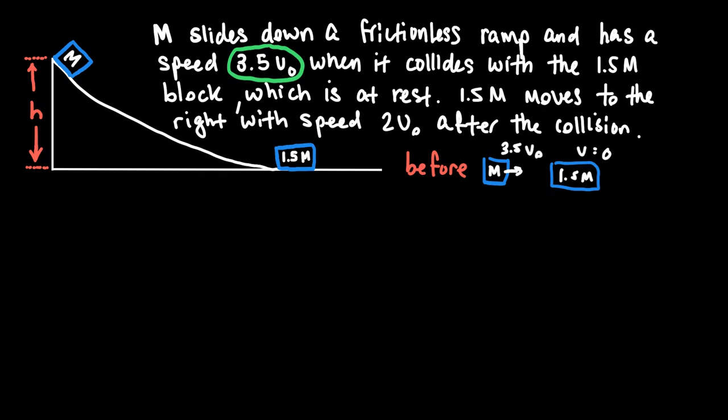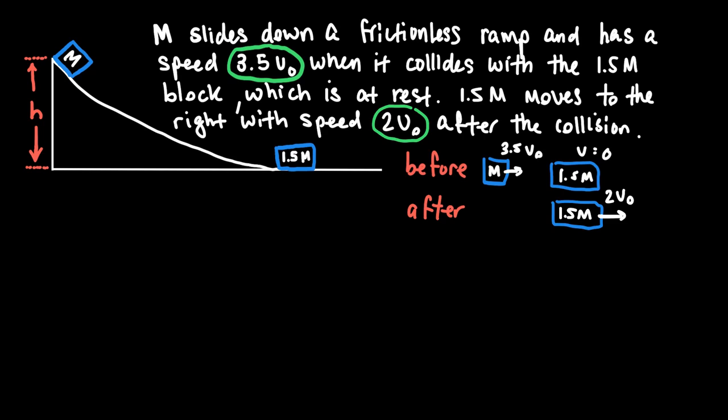And so that's what the picture looks like before the collision. And then after the collision, we're given some information. It says that the 1.5 m block moves to the right with a speed of 2 v0. So after the collision, we have the 1.5 m mass, which is moving to the right with a speed of 2 v0.